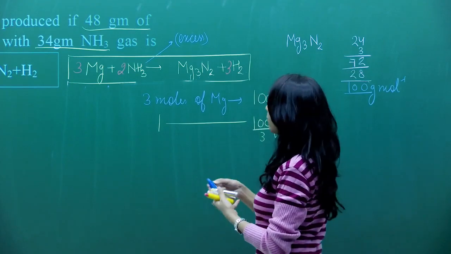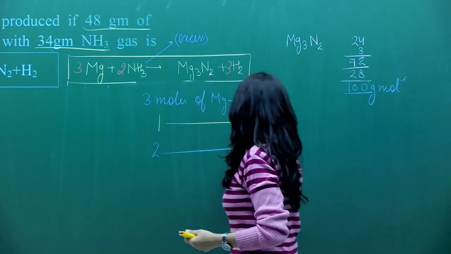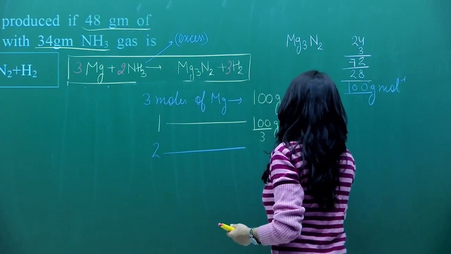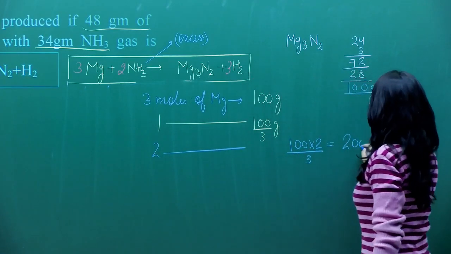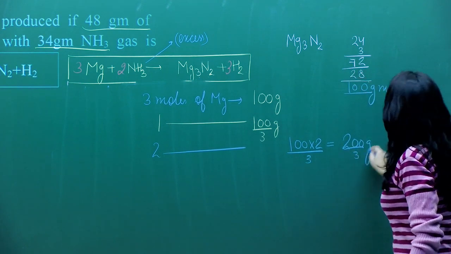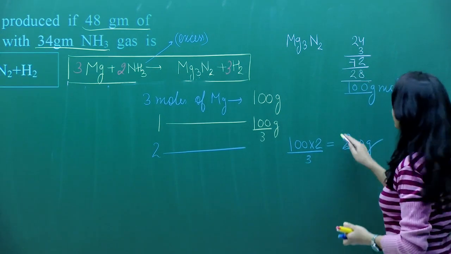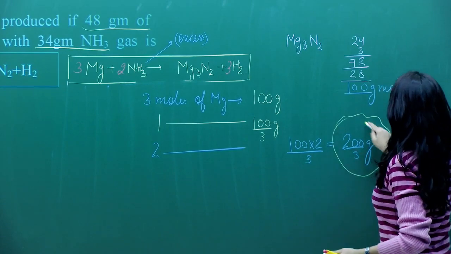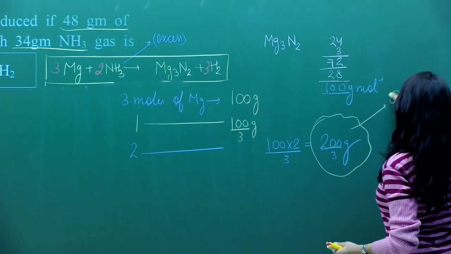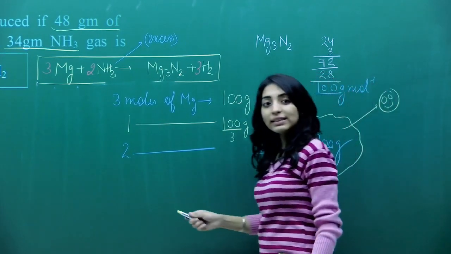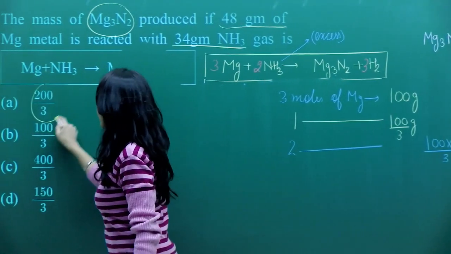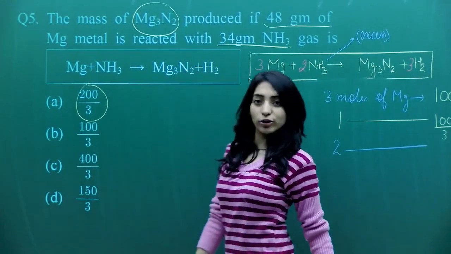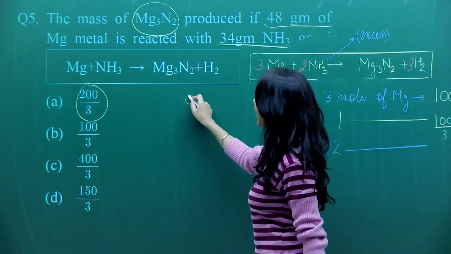However, if you have 2 moles, right, it will give us 100 into 2 by 3. That means 200 by 3 grams. Wow. Okay, so let's see if we have any option as 200 by 3. Oh my God, I'm lucky enough to get option number A as the correct answer.